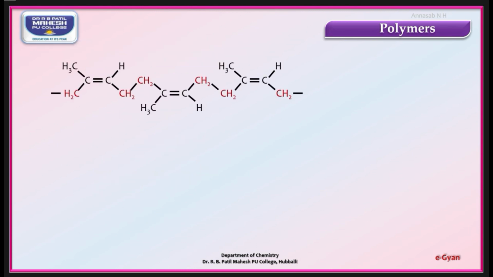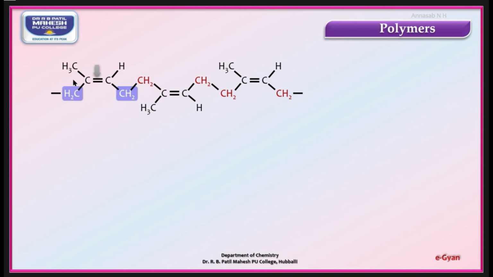On to the next part. So it looks like this: CH3, C, CH2, double bond, CH, CH2, CH2 group. So this group is going to repeat n times. So that leads to the formation of the polymeric structure. You can observe here, this is the new double bond formed. These are the end carbon atoms, CH2, CH2.